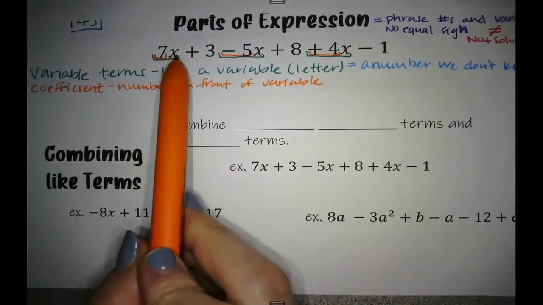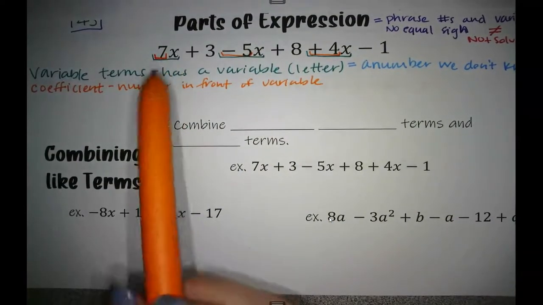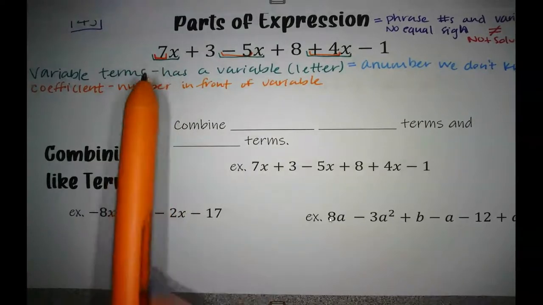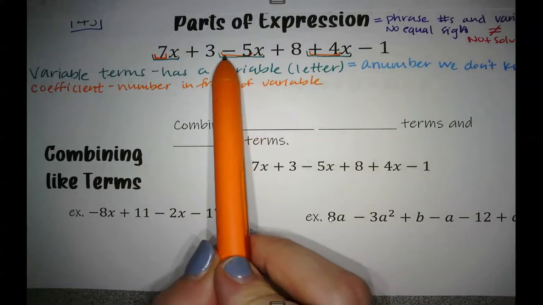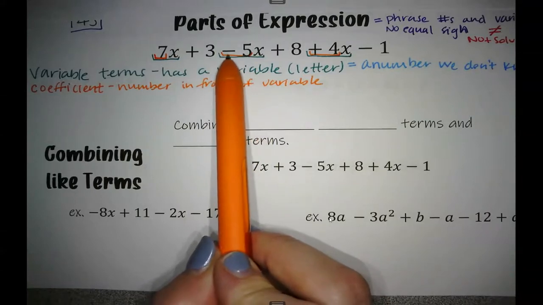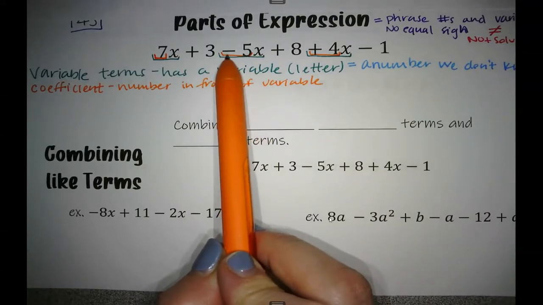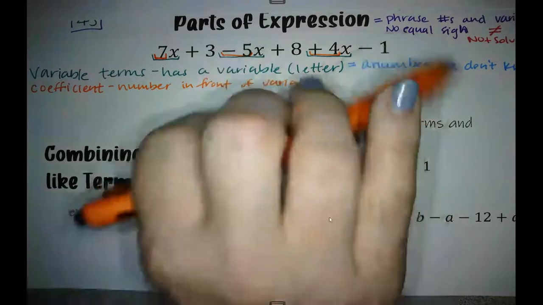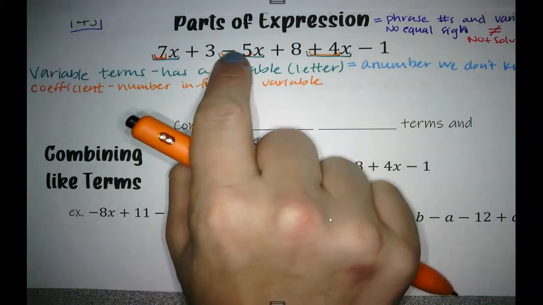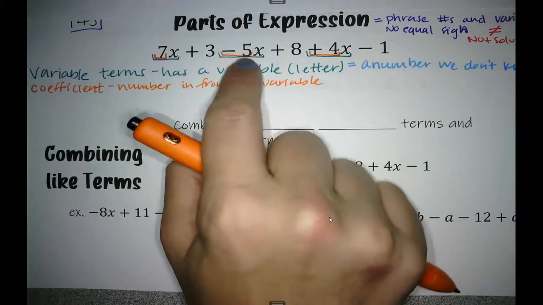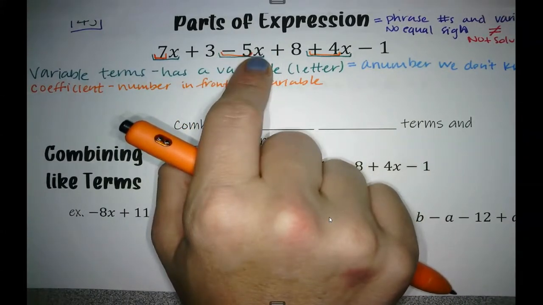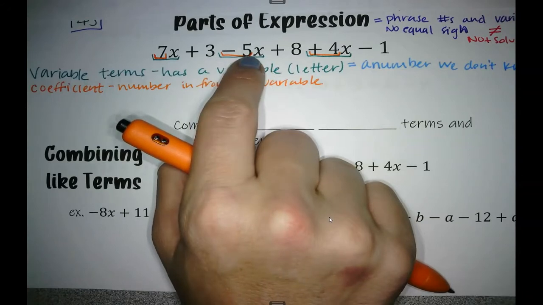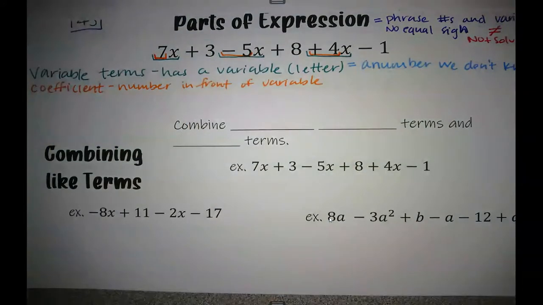So I've underlined them in orange on my screen. I underlined with these the operation in front of it, because that travels with what comes after it. So if I want to know the variable term here in the middle, it's negative 5x, and my coefficient is negative 5. It's not just that 5. That negative sign is going to travel with it.